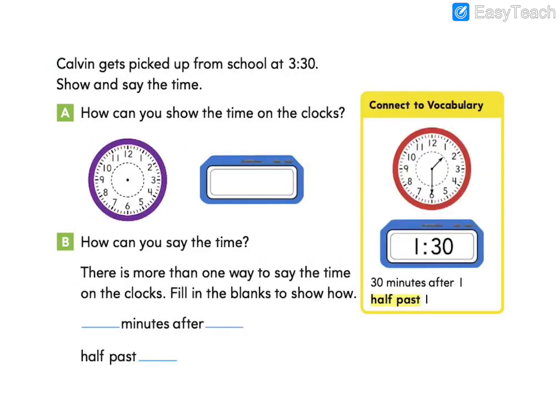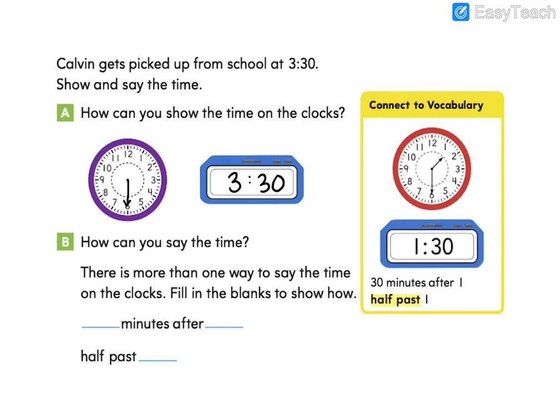Calvin gets picked up from school at 3:30. Show and say the time. We'll fill in the digital clock first. 3:30. Let's find where a minute hand would point for 30. 5, 10, 15, 20, 25, 30.